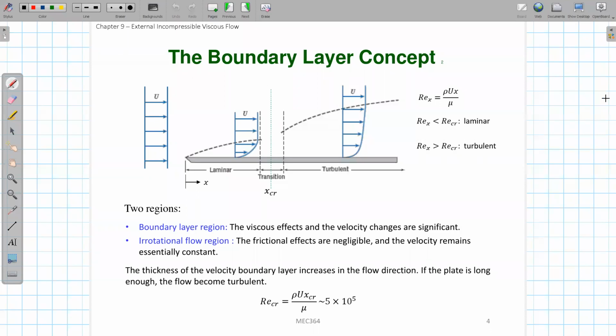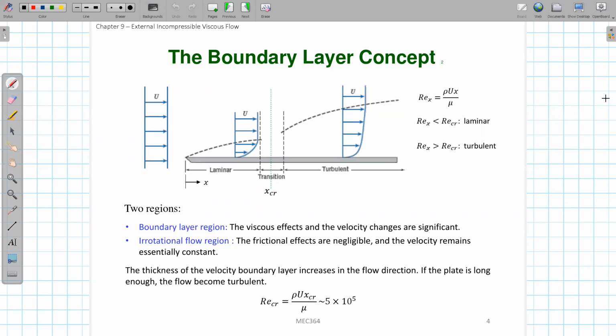In the last lecture, we introduced the concept of a boundary layer. It's for external viscous flow: if it's a viscous flow above solid surfaces, a very thin layer will be formed in the region very close to the solid surface.